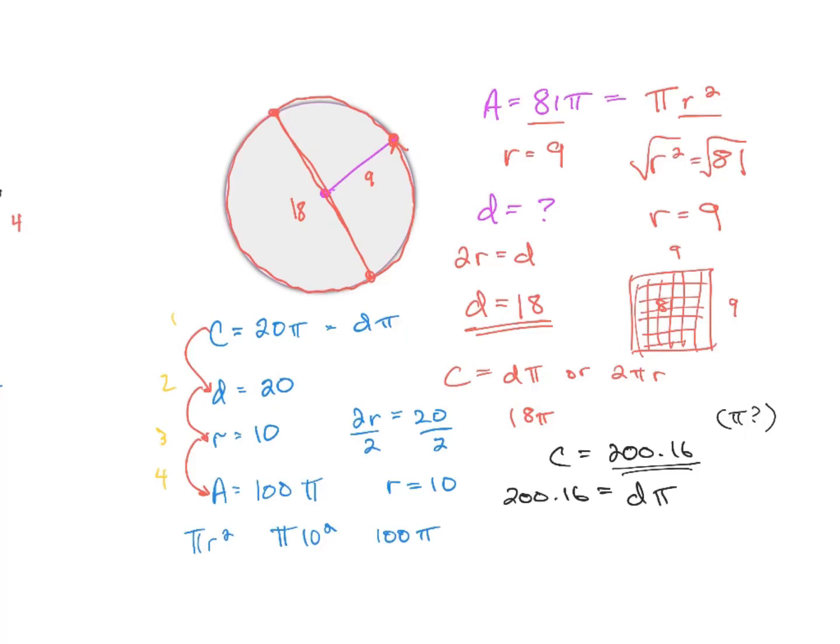If you want to find what diameter is, all you would do is just divide by pi, and you would need a calculator to do that. And by doing that, you eliminate the pi on the one side, and you're able to solve for what diameter is.